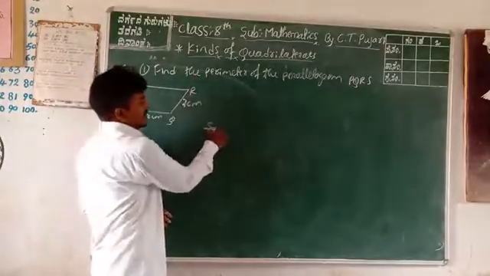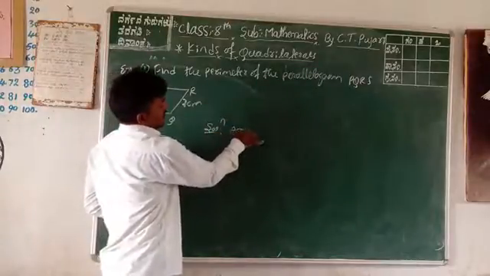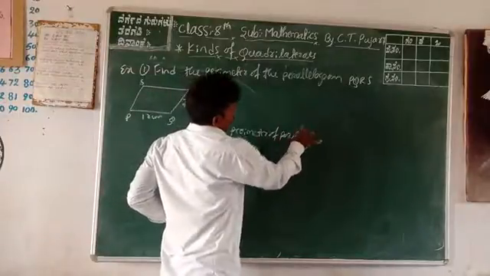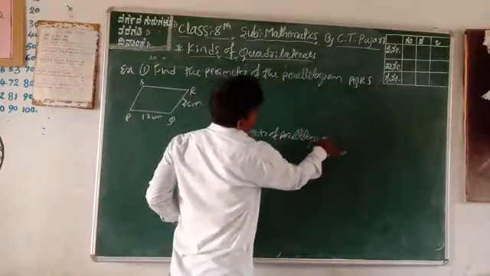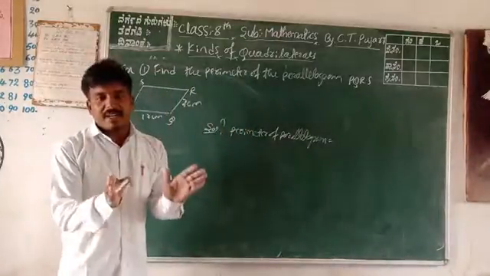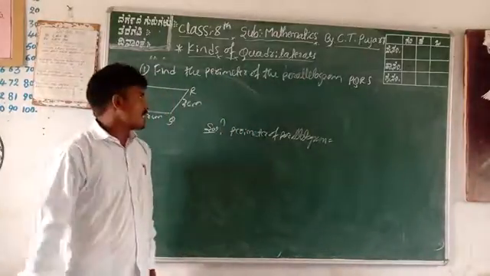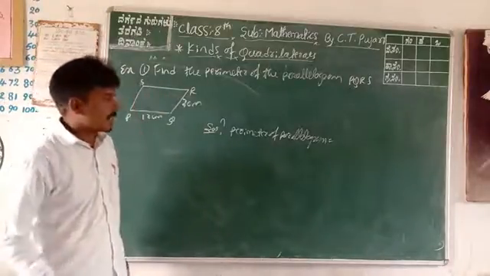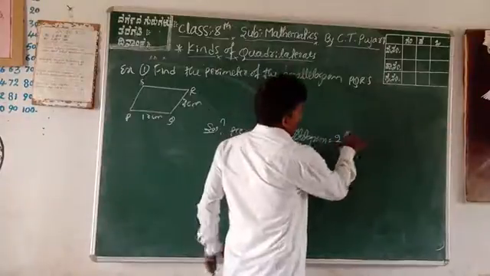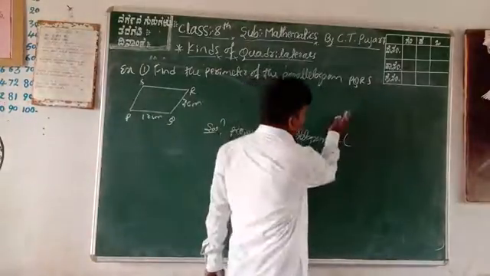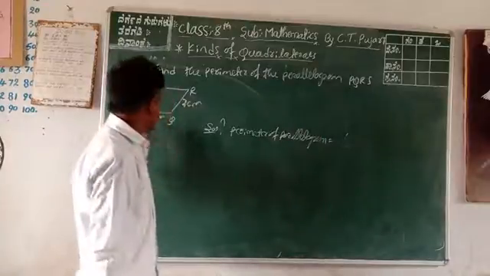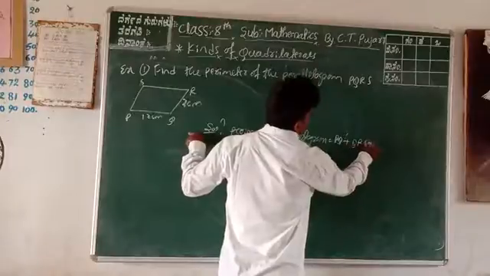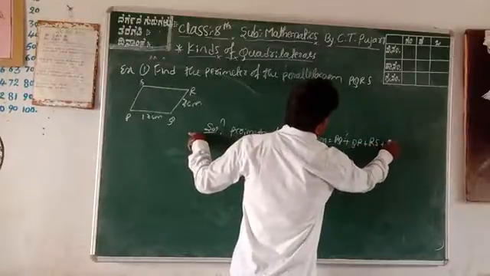Solution is very easy. Perimeter of parallelogram is equal to the sum of all sides. In the parallelogram, the opposite sides are equal. Therefore, 2 into bracket, or otherwise the sum of all sides PQ plus QR plus RS plus PS.